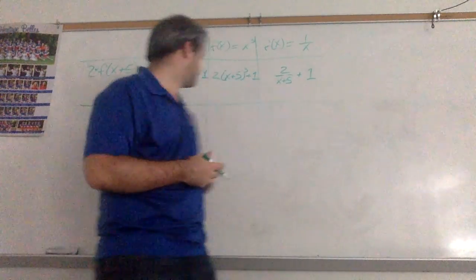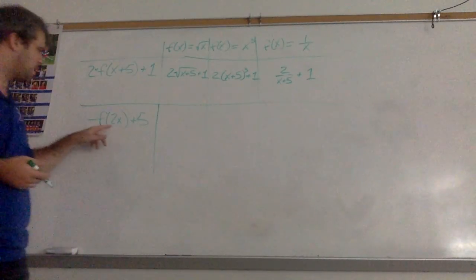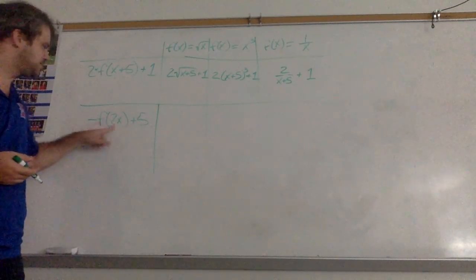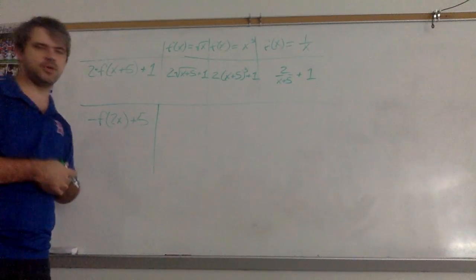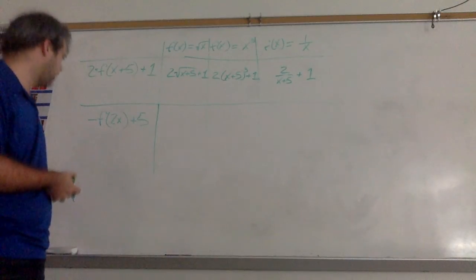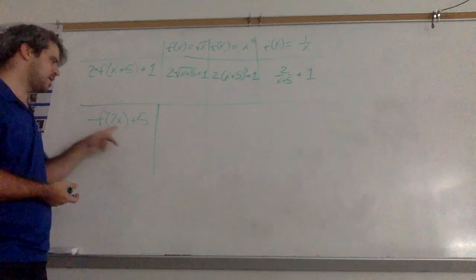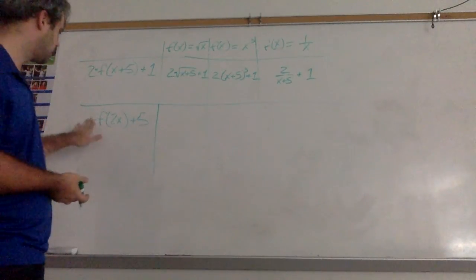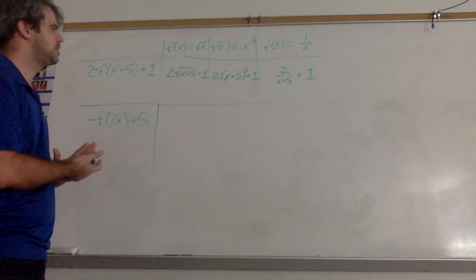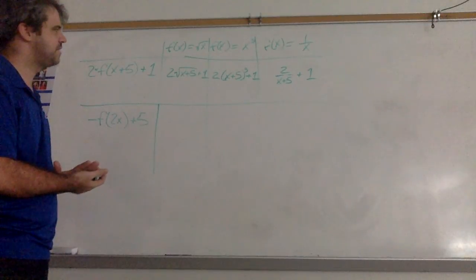Here's another example. So here, we're going to multiply all our inputs by 2, which means our inputs are going to have to adjust by 1/2. We're going to change the sign on our output, and we're going to add 1. We're going to multiply our outputs by -1, and then add 5.